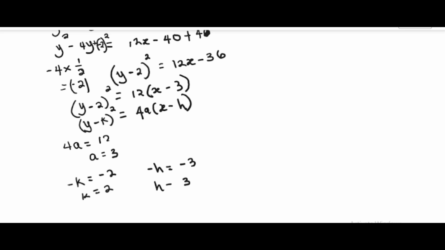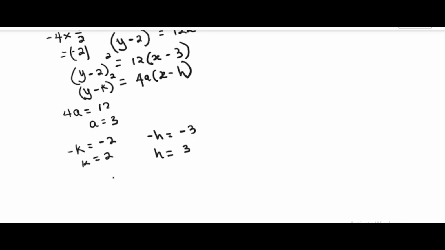So what are the coordinates? When we write coordinates, we write x comma y. So we'll have (3, 2) to be our vertex, while our focus is (3, 0). Now if our focus is 3, it means that our directrix is going to be x is equal to minus 3.